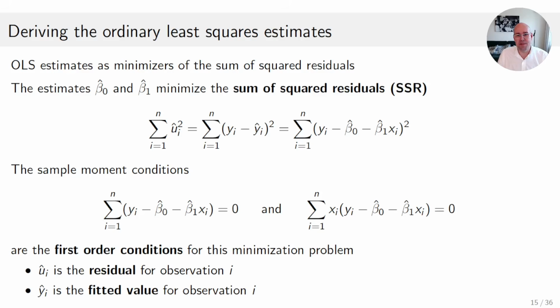So there's a very natural explanation for that name, but we didn't even have to write down that goal function. We simply started from these moment conditions instead, which are that the expectation of u is equal to 0 and that the covariance between u and x is equal to 0, and both came from this zero conditional mean assumption that the expectation of u given x is equal to 0.